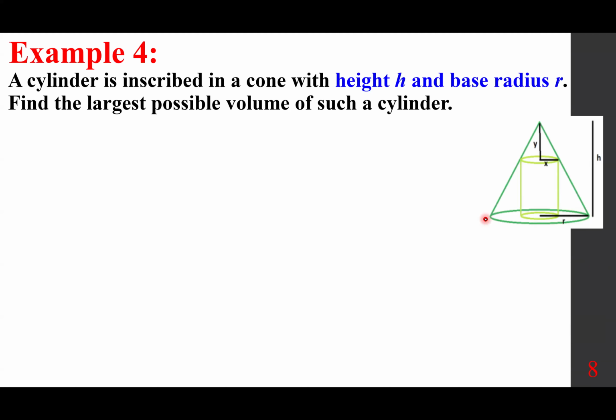So we have the height h and base radius r. That's for the cone. So this is h, the height of the cone. This is r, the radius of the base.